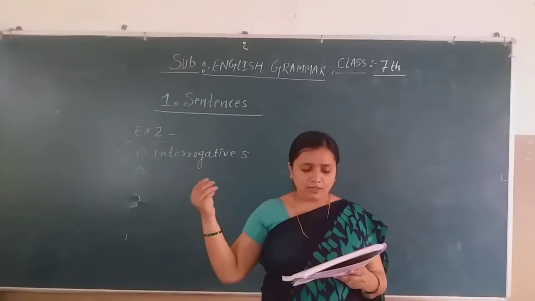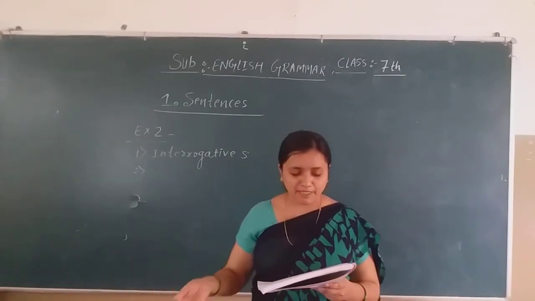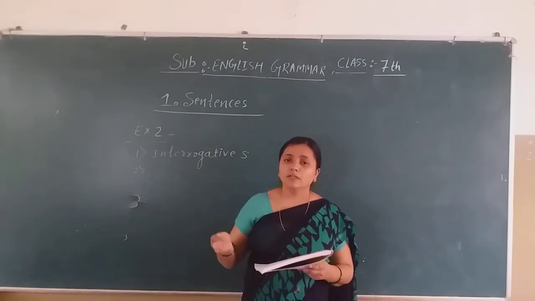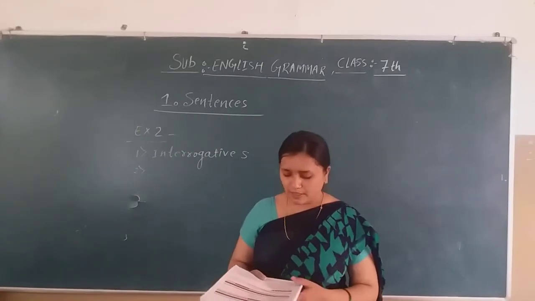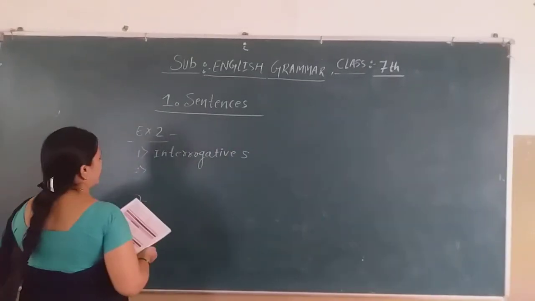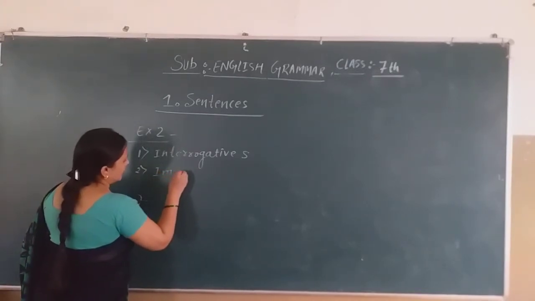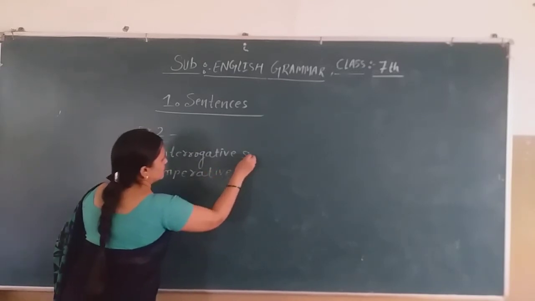It means do not let your children play in the street or on the road. So it is an imperative sentence. As you can see, it started with the verb, and here a suggestion or advice is given. So here we could say it is an imperative sentence.